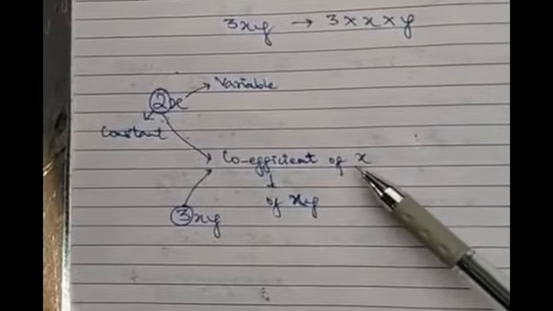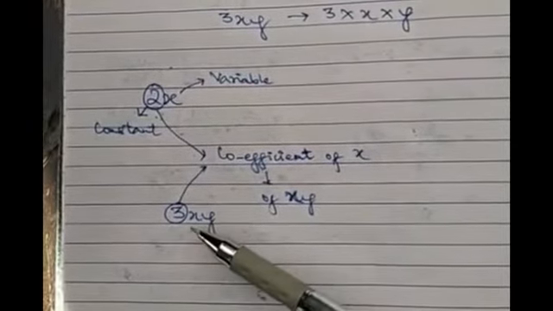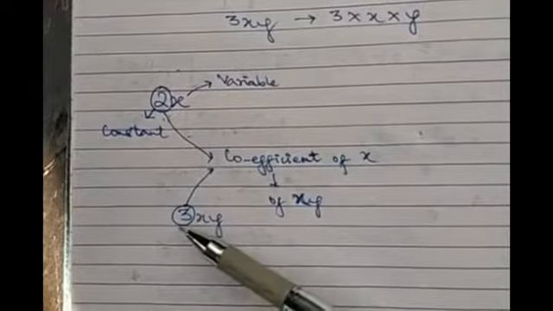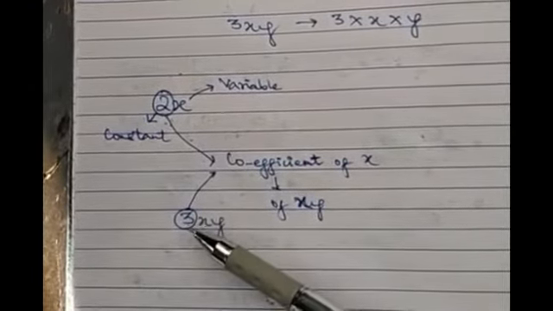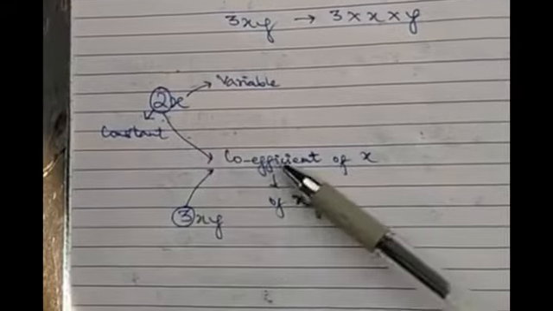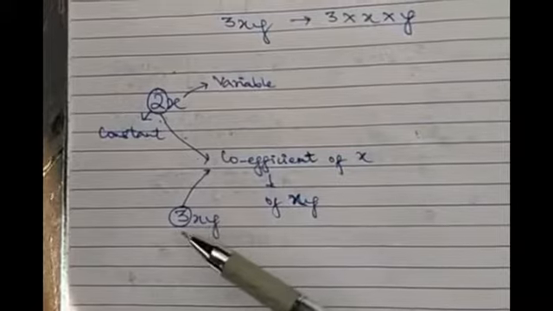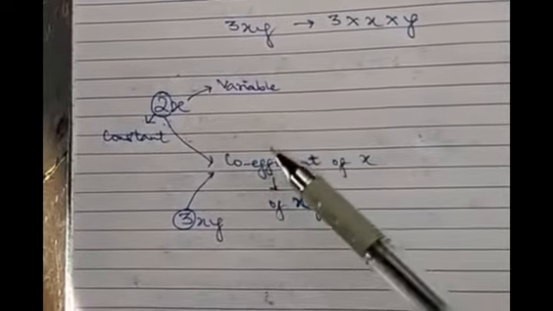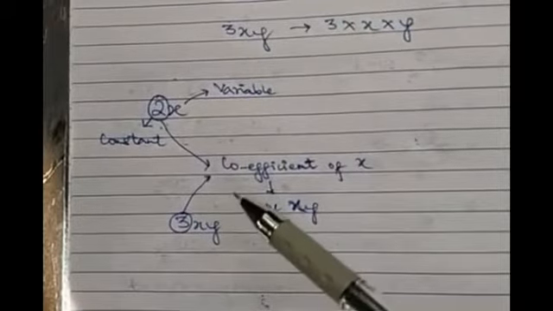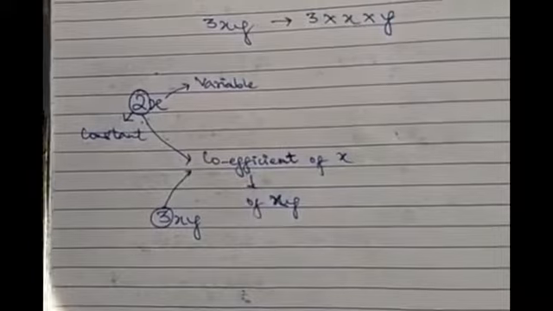Is it understood? The second one I have written is 3xy. I have two variables in here. The constant term is 3. As I said, the constant term is also known as the coefficient of the variable. So for the second case, I can say that 3 is the coefficient of xy. Is it understood? The constant term with the variable, which stays with the variable in the relation of multiplication, is also known as the coefficient of that variable.